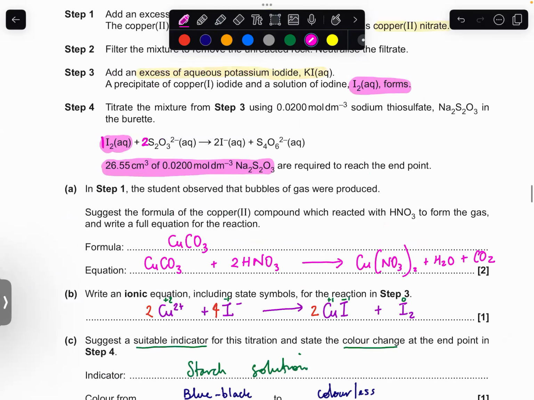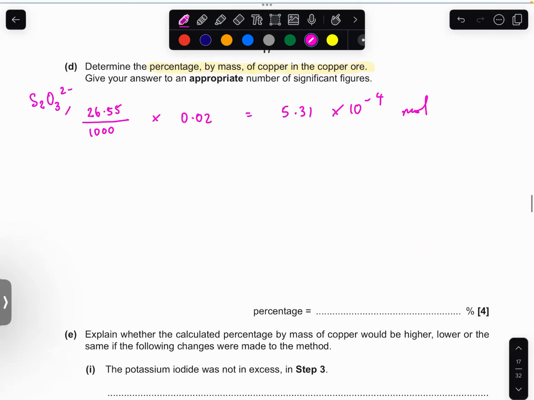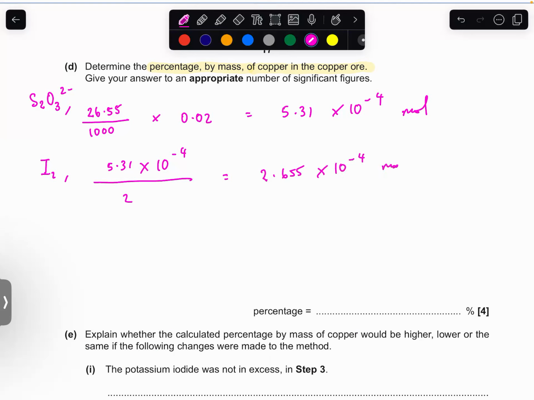How do you make 2 into 1? You divide that by 2. So how much iodine will there be? 5.31 times 10 to the -4 over 2. This gives you 2.655 times 10 to the -4 moles.